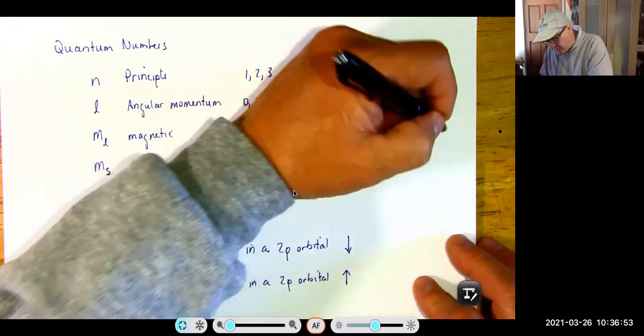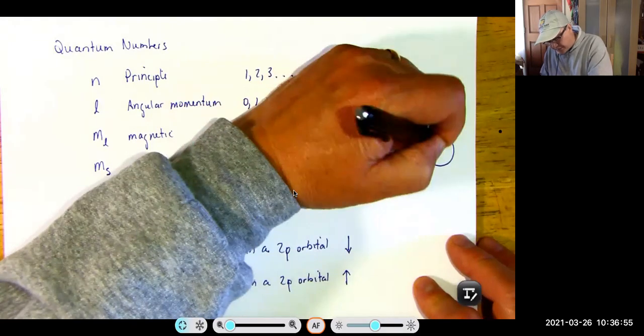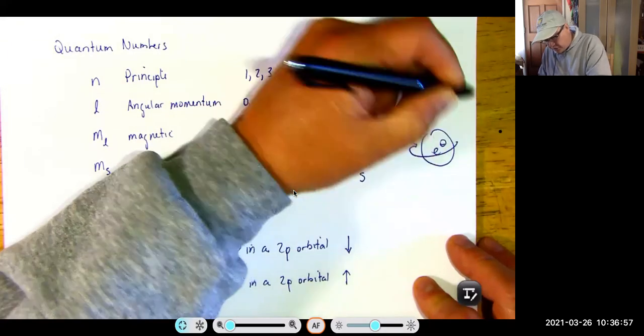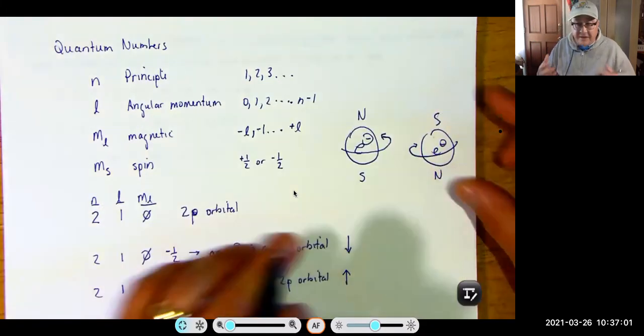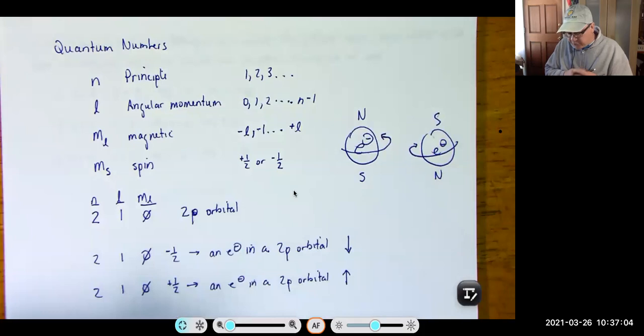And if your electron is spinning in the opposite direction, you get a north and a south like that. So opposite spins have opposite poles. And an interesting thing is when you combine two electrons with opposite poles, they end up having no pole altogether. The poles cancel out.